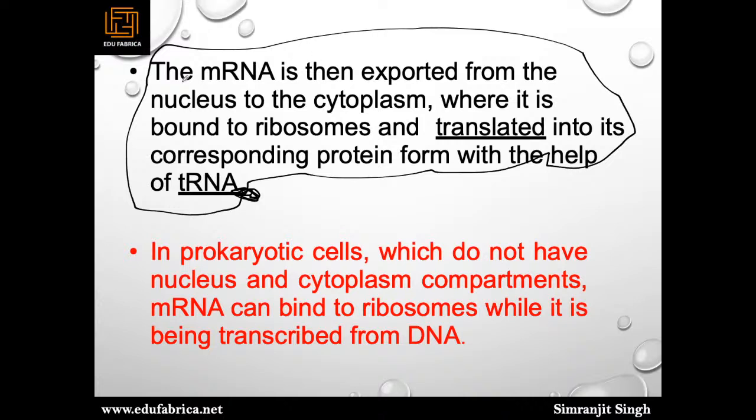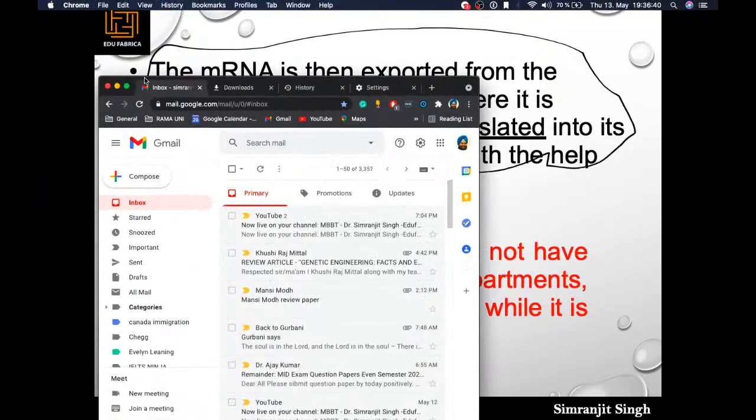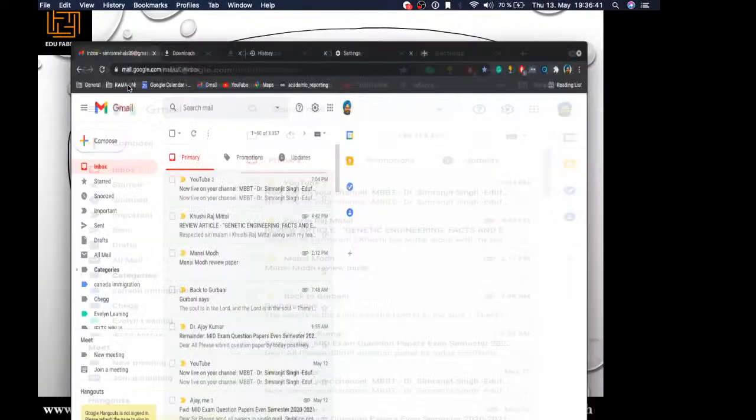What this line says is that the mRNA, after getting the message from the DNA, is exported from the nucleus to the cytoplasm, where it will bind to the ribosomes and then be translated into the corresponding proteins with the help of your transfer RNA. So in order to explain this sentence, let us go to some interesting videos.